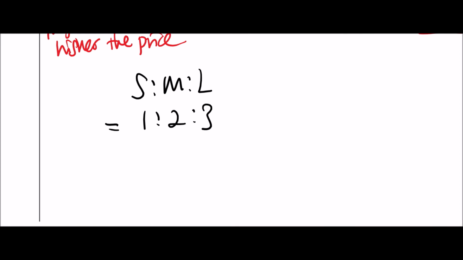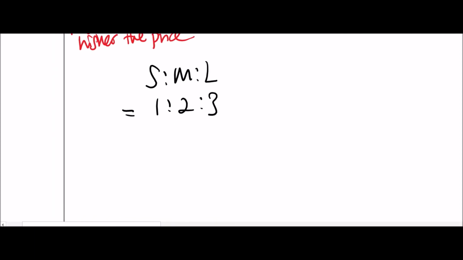So assuming that we don't know the price of the small cake, if we know the price of the small cake, we can immediately tell that the price of the medium cake is 2 times and the price of the large cake is 3 times.